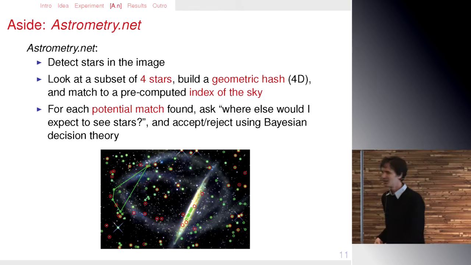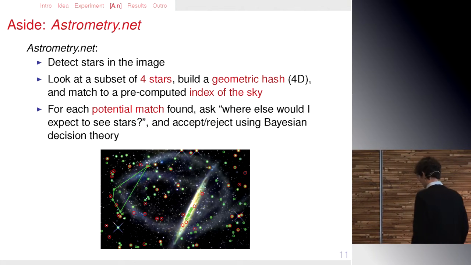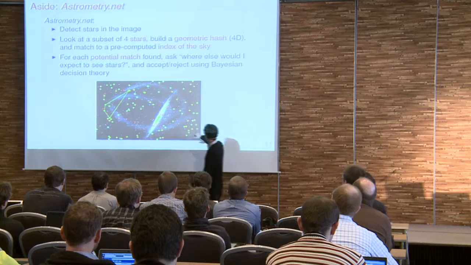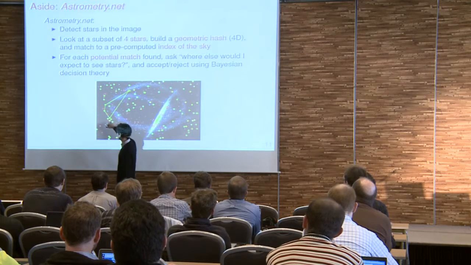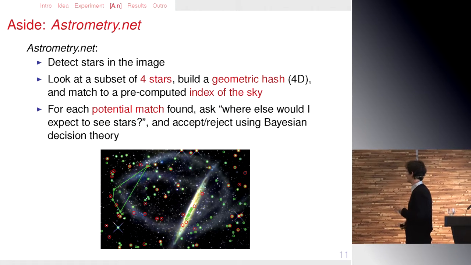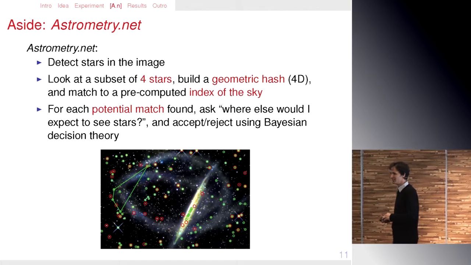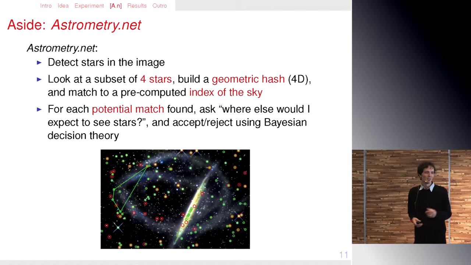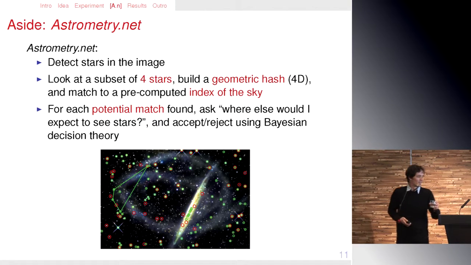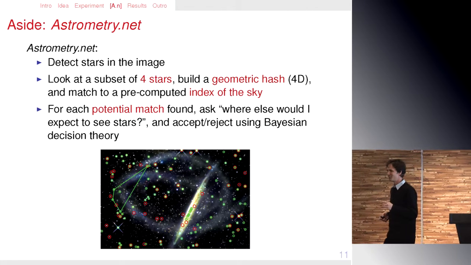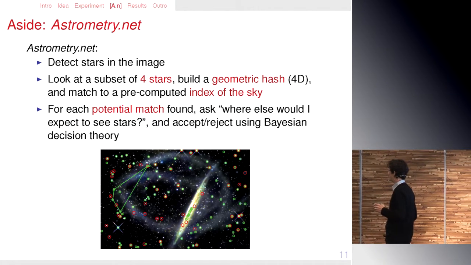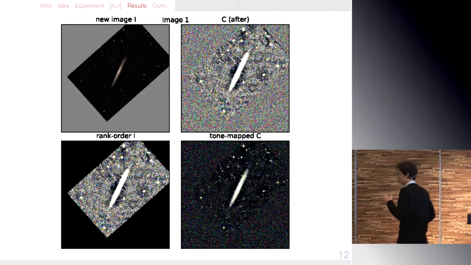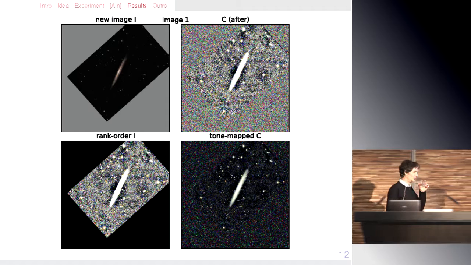I don't know how well you can see, but here you can count maybe 10 places where a star in the image lines up perfectly with one that was expected from previous measurements. So we evaluate that with a Bayesian decision theory framework and accept one if it has overwhelming evidence. So that is just a brief look at that system. So now back to looking at some of the results from this NGC 5907 data set.